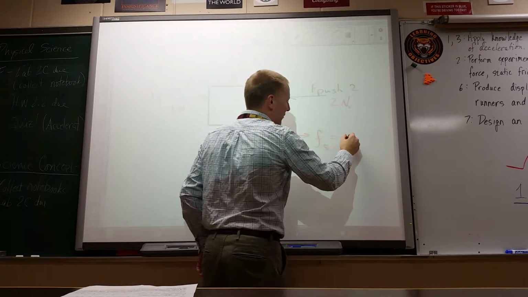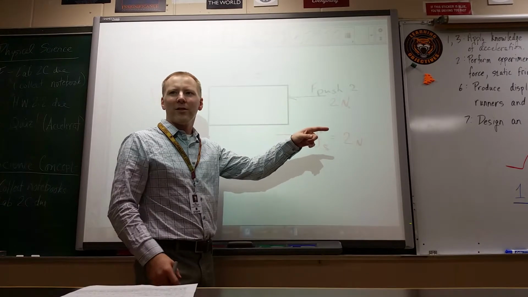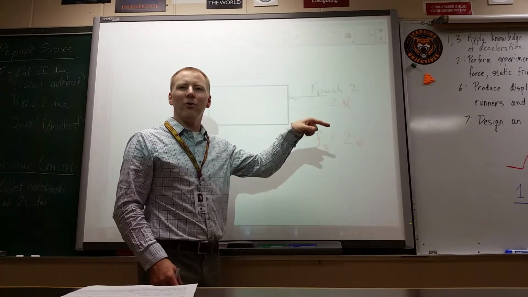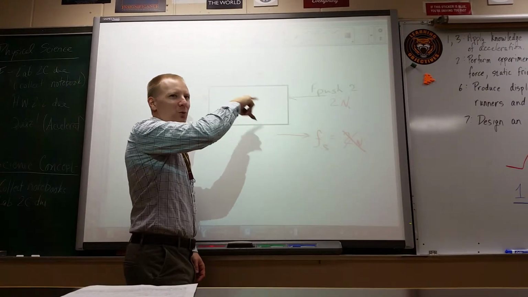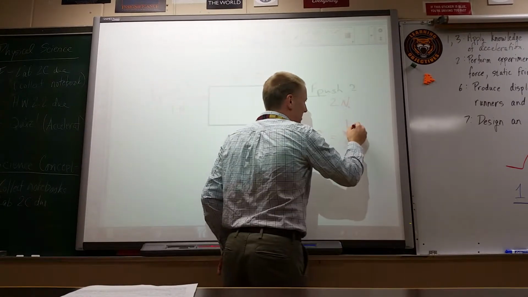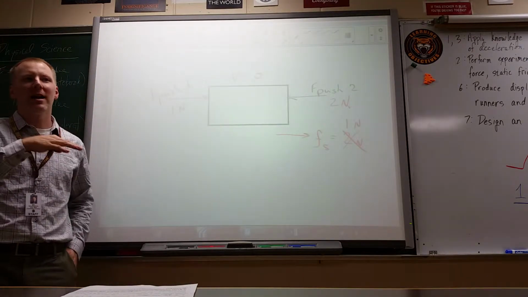Well, if static friction is 2 newtons, then we've got more force pushing that way, and static friction would actually make it move. And that can't happen. It can only be as large as whatever other forces, as Noah said. So it would only be 1 newton to keep things still. And that's why it's not constant.